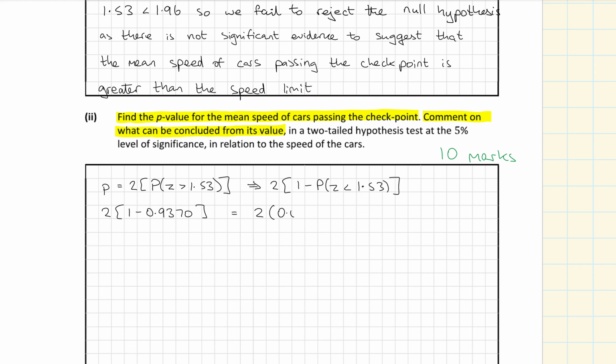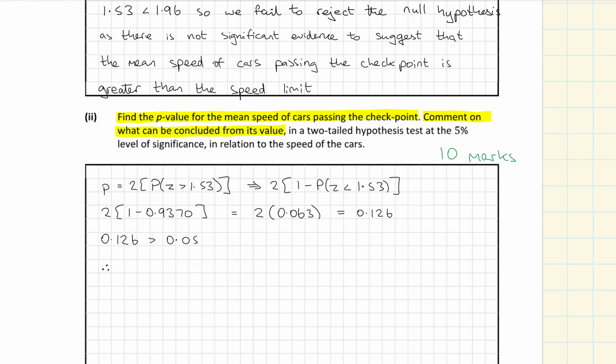We get 0.063, multiplied by 2, we get 0.126. So 0.126 is greater than 0.05.